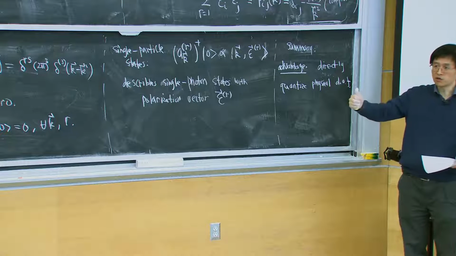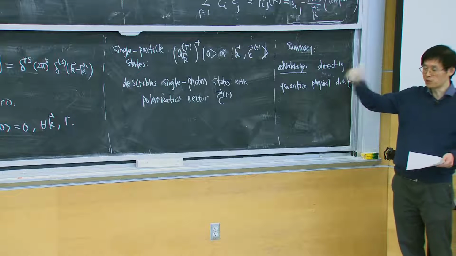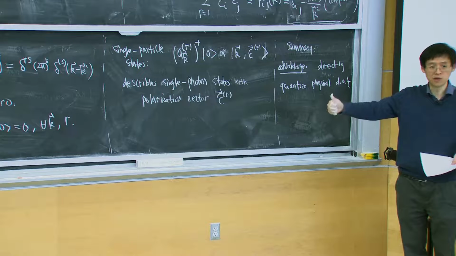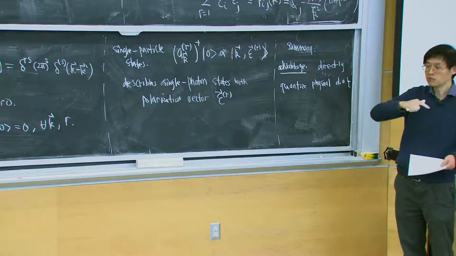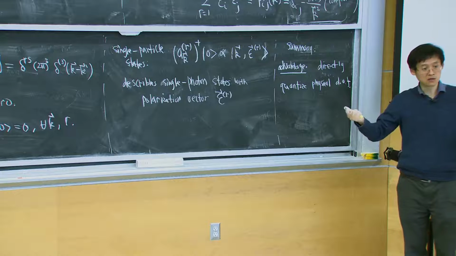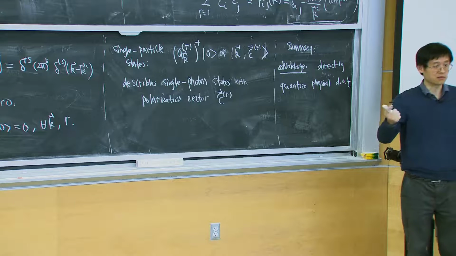And then the longitudinal part we can just throw away by hand, by promoting the Coulomb gauge condition to an operator equation. And then we just have a transverse part, and once you have it, you can just quantize it as a free massless field.